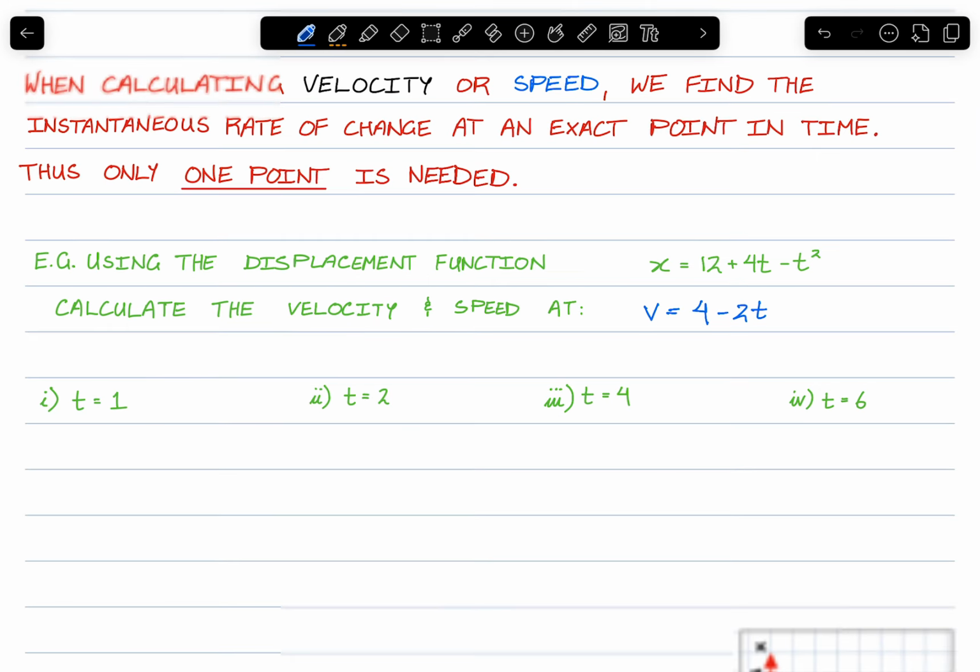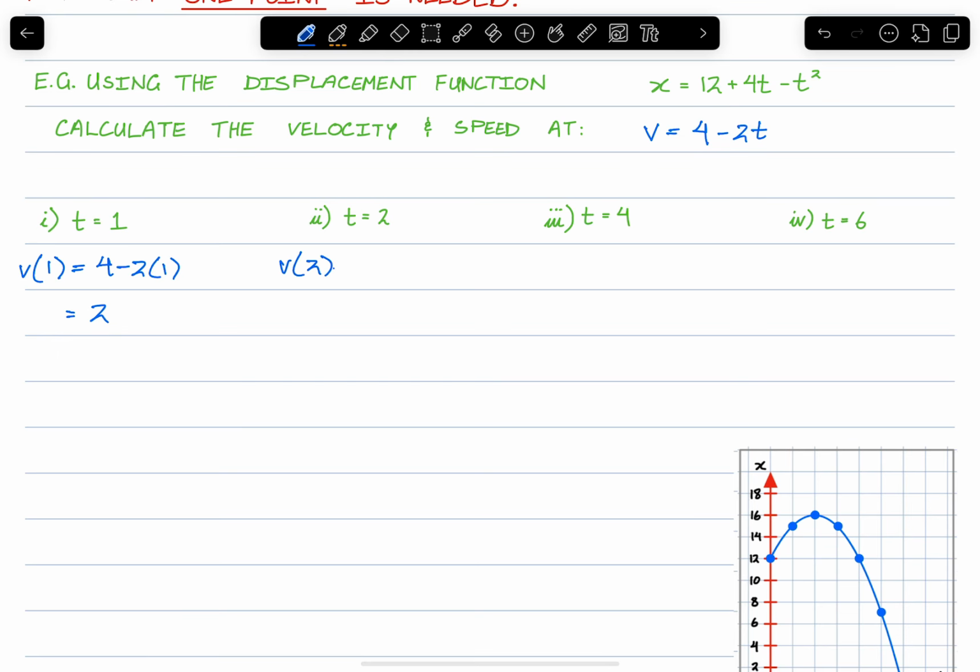Now that we have that, to find the velocity at these given points, we know to simply substitute t equals whatever these numbers are into our velocity function. So v of 1 is 4 minus 2 times 1. That's just 2.